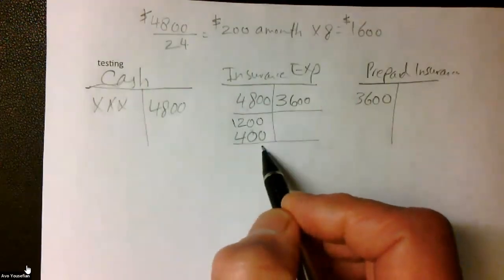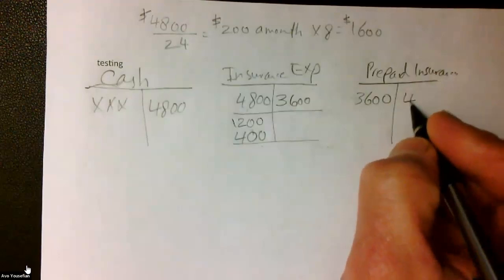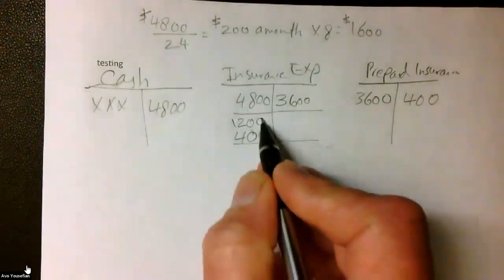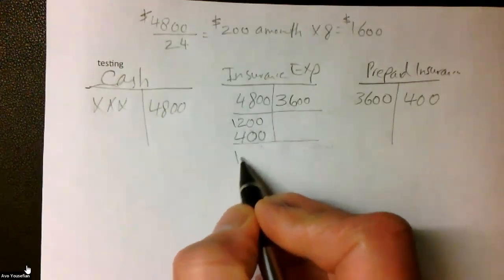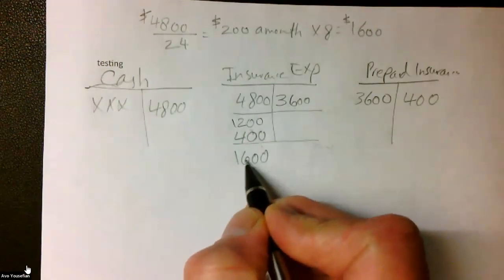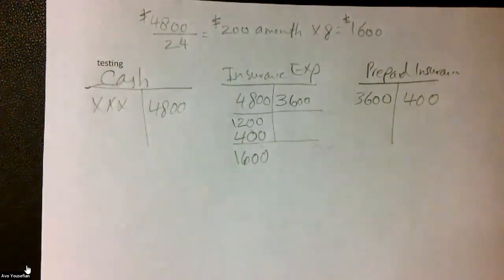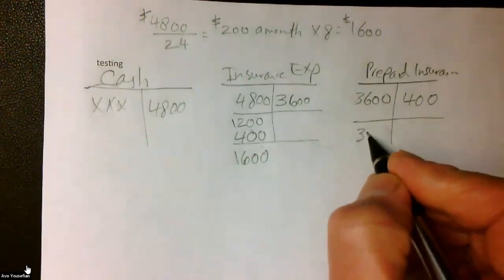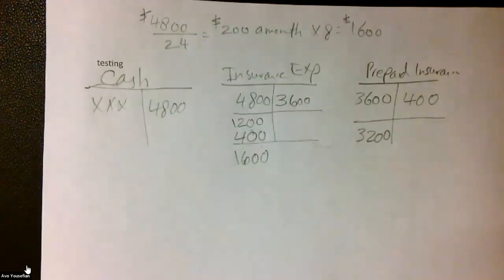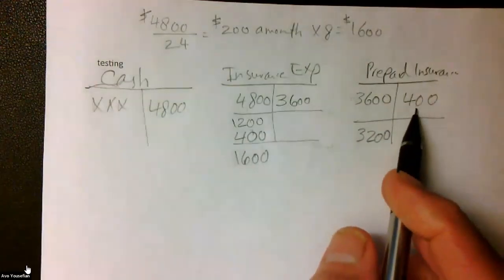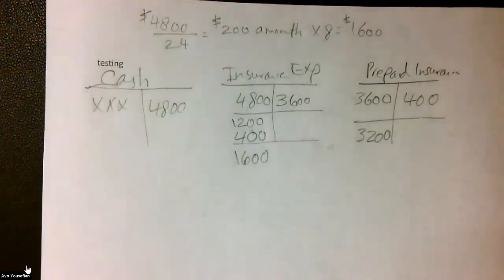That's a debit, so you credit your prepaid insurance by 400. Now expense ends up to be 1,600, which is perfect, and your prepaid insurance goes from 3,600 to 3,200. That's your correction: debit insurance expense for 400, credit prepaid insurance for 400.